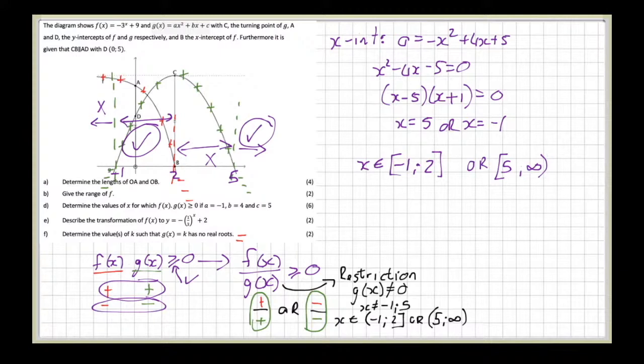If I look at a question like question E, I'm going to do it in this little block here. They are asking me, how did I transform f(x), let's just write it down, y equals -3 to the power of x plus 9.